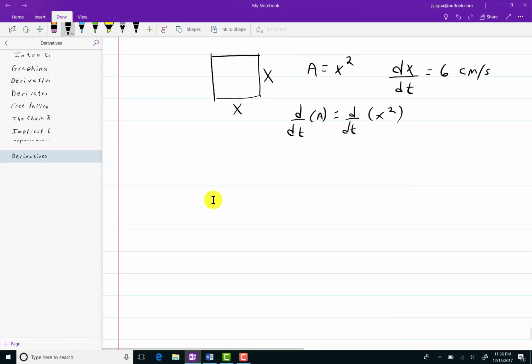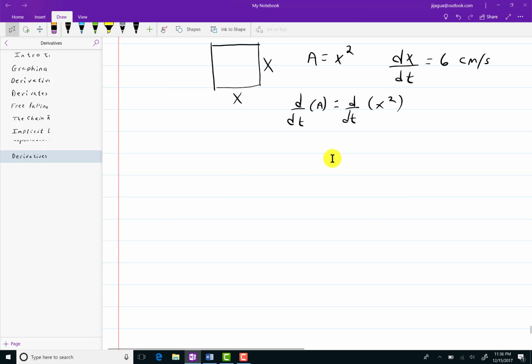And then take your derivatives as normal. A is a function of t, so I can simply write this as dA over dt. Now this next one, you have x inside of squares, so you have to use the power rule, 2x to the first power. But now you have to multiply by the derivative of x with respect to t, because that is inside of there. x is a function of t.